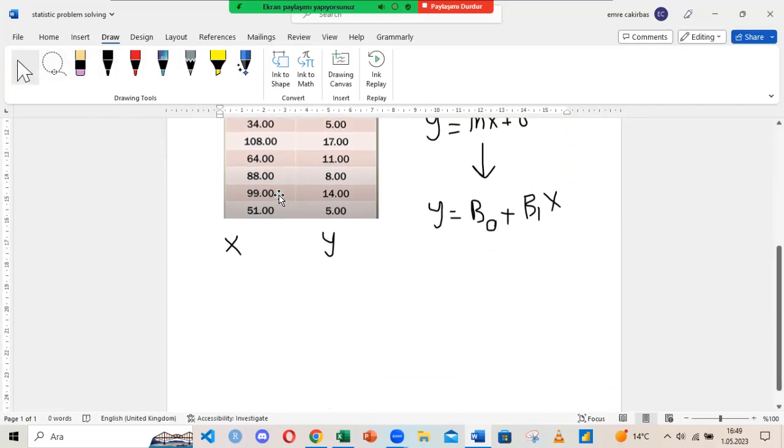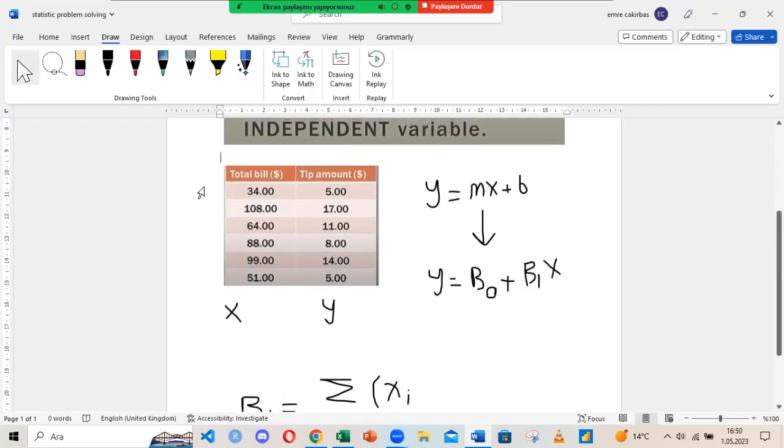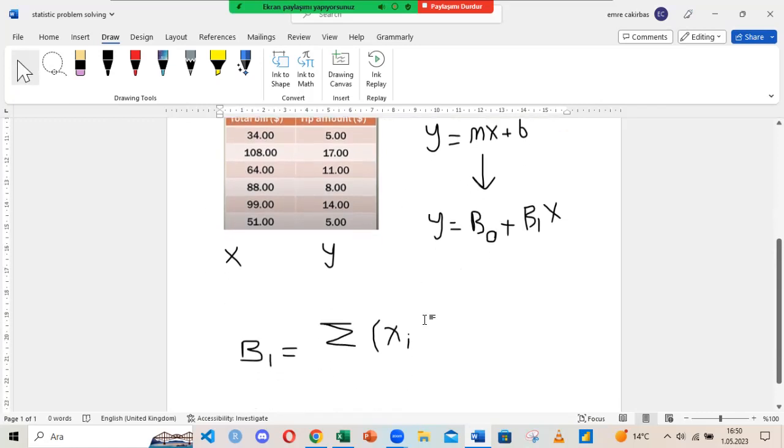B sub 1 will be equal to the sum of x for the ith item, I mean meal 1, meal 2, meal 3, and so on, minus x bar, times y sub i minus y bar. Y bar means average, the mean value of y.